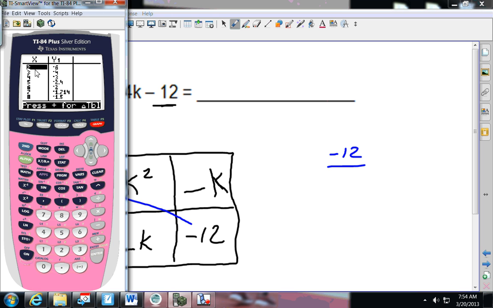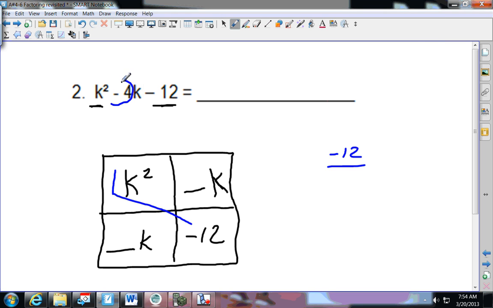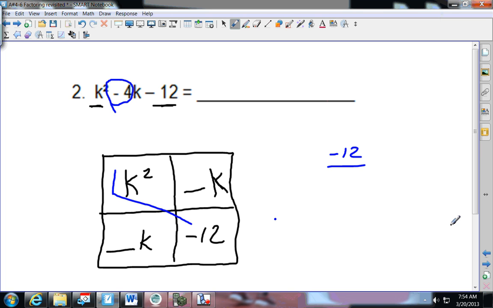Now, list my factors. I need the factors that add up together to give me this middle number, which is negative 4. As I look in the calculator, I'm already there, actually. 2 plus negative 6 is negative 4. So that's the only thing I need right there.